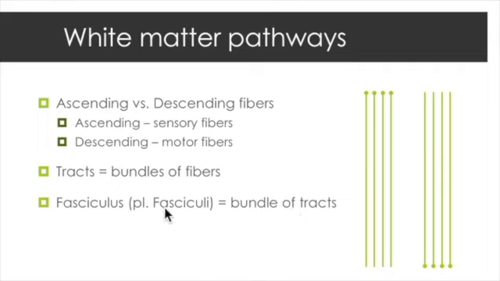These bundles of tracts tend to travel in coherent directions. You can have ascending fibers versus descending fibers. Ascending fibers tend to be sensory fibers, and descending fibers tend to be motor fibers. What you can see here is just a schematic of a bundle of fibers and tracts traveling in the same direction, ascending or descending.